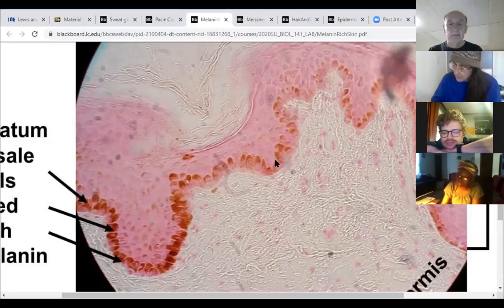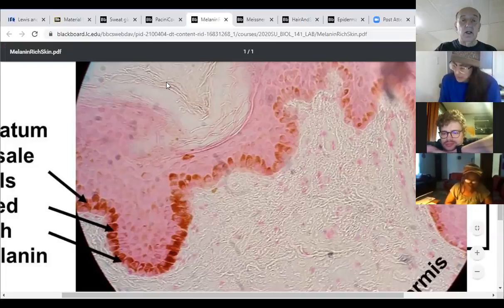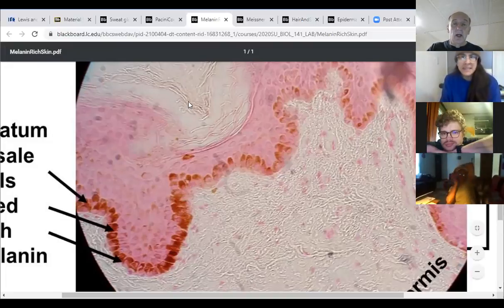There's a little better view of that, but think about UV light coming in from the top of the skin here. You can see stratum corneum partially broken up. And UV light would cause damage to the DNA inside the stratum basale cells.